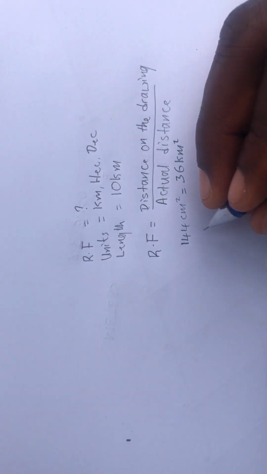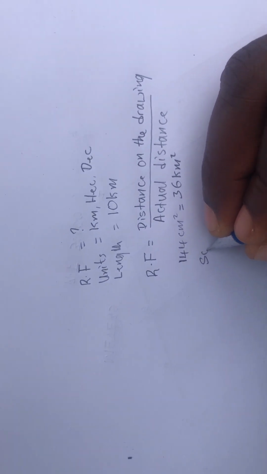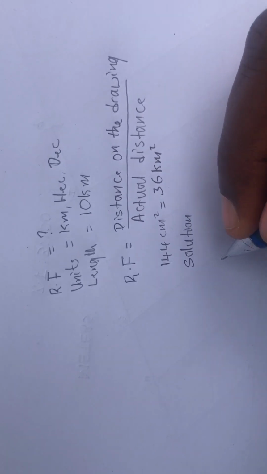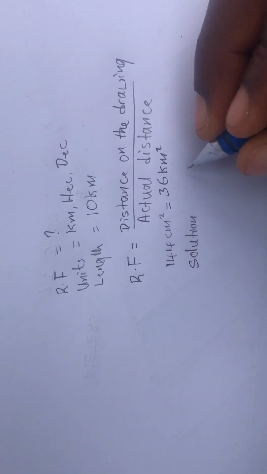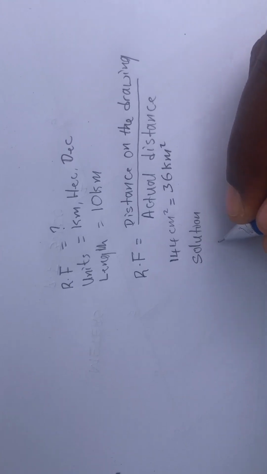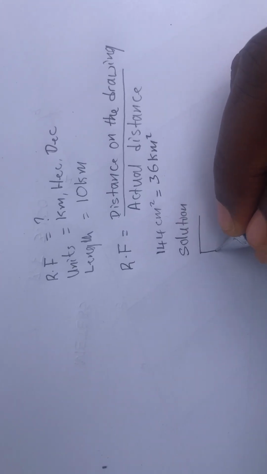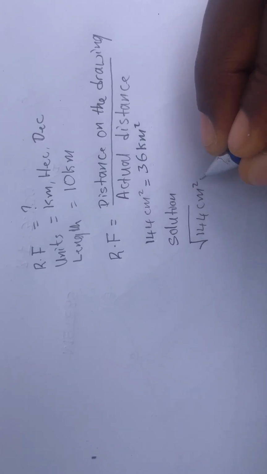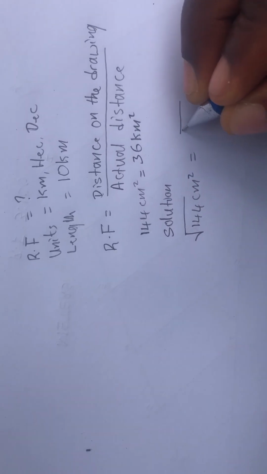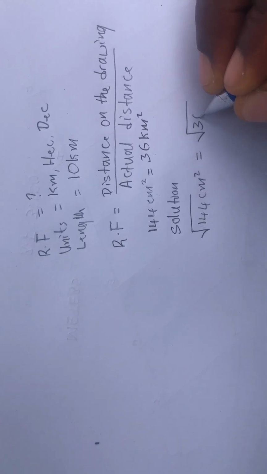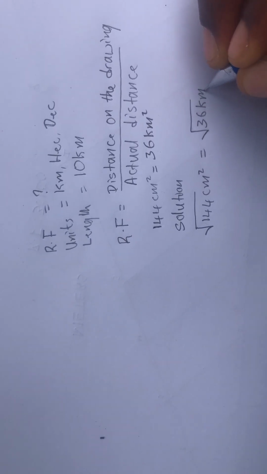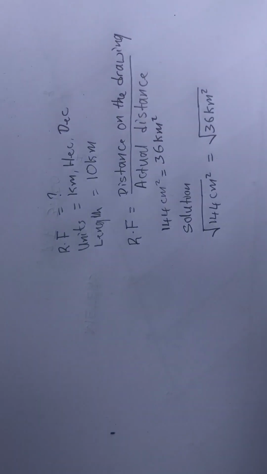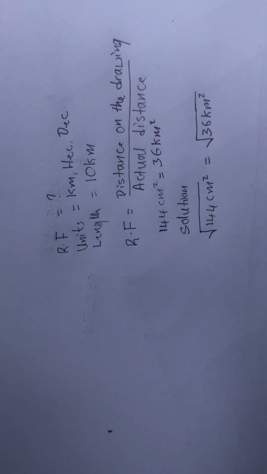So if we take the solution to this, we now take the square root of both sides. So if you take the square root of both sides, you're going to have the square root of 144 cm squared is equals to the square root of 36 km squared.